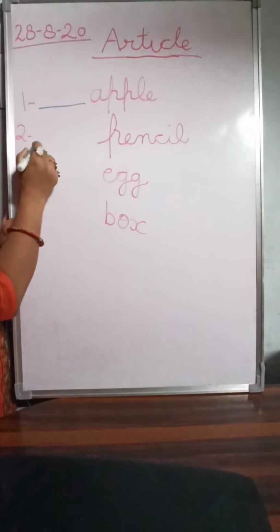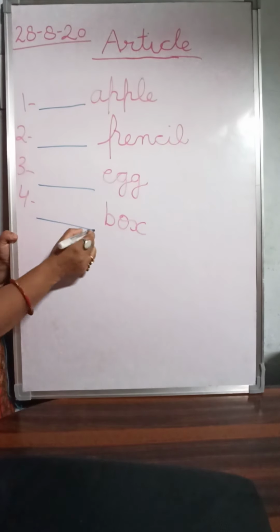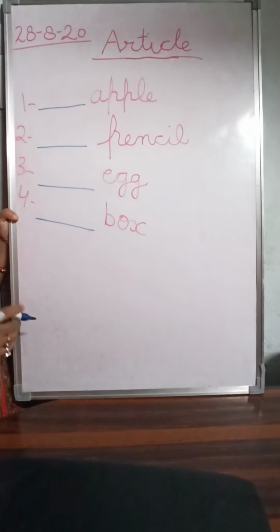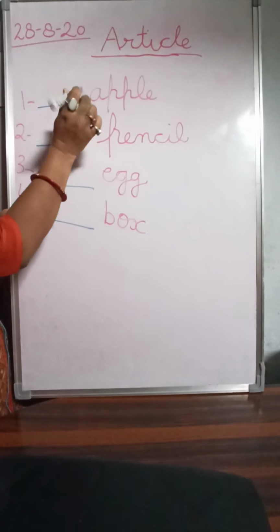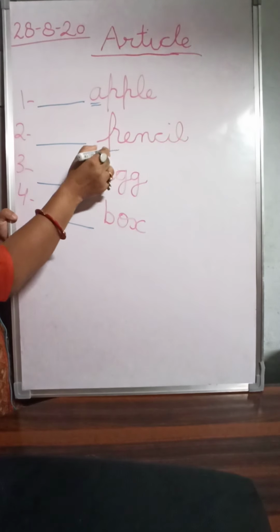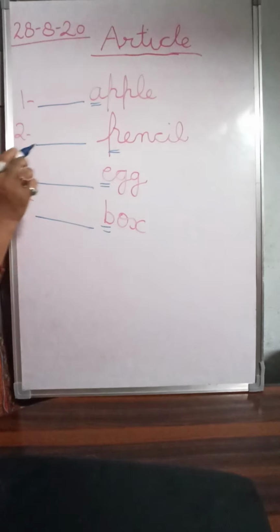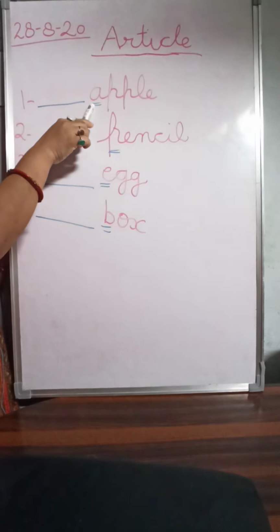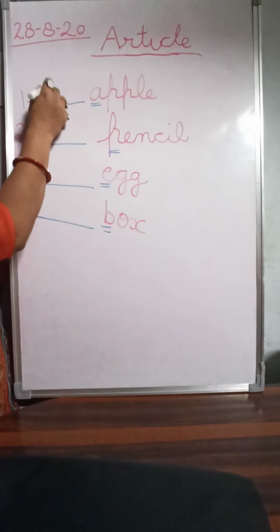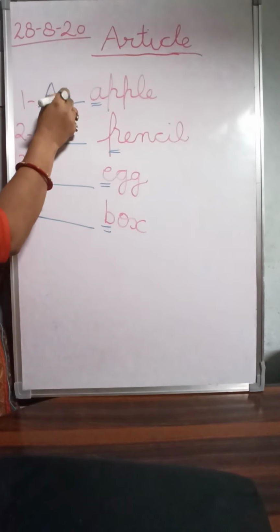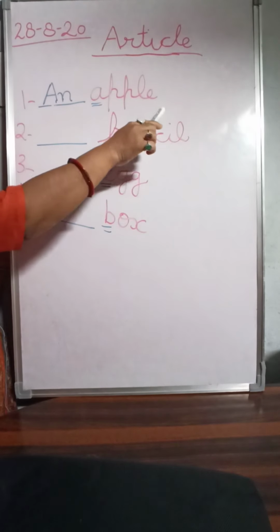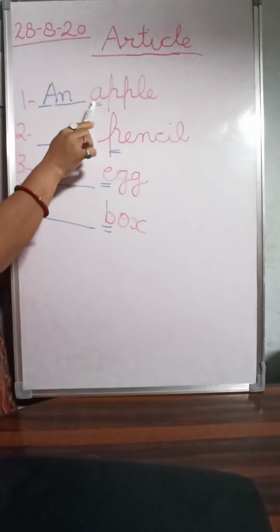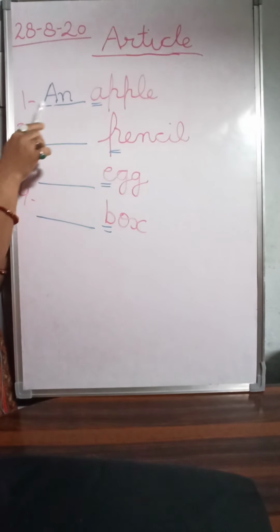Now friends, you have to keep in mind that whenever you are asked to write an article, you will see the first letter only. If the word's first letter is a vowel, we will write article an. An apple. In the word apple, A is a vowel, so we will write here an.